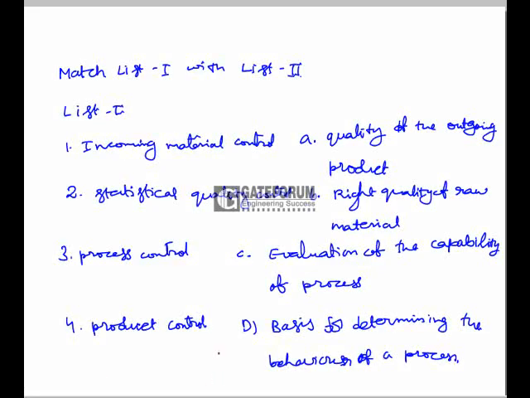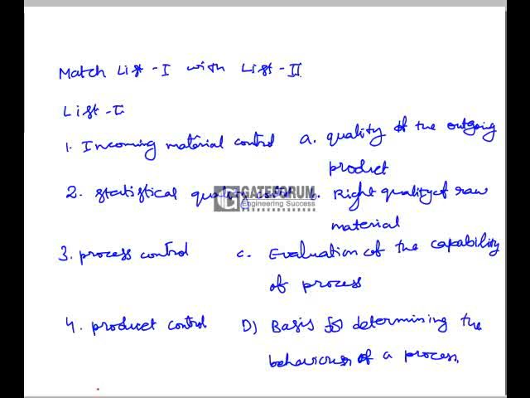Here list 1 consists of some control processes, that is incoming material control, statistical quality control, process control, product control. List 2 consists of their functions: quality of the outgoing product, right quality of raw material, evaluation of the capability of process, basis for determining the behavior of a process.